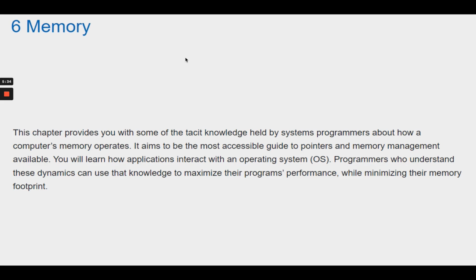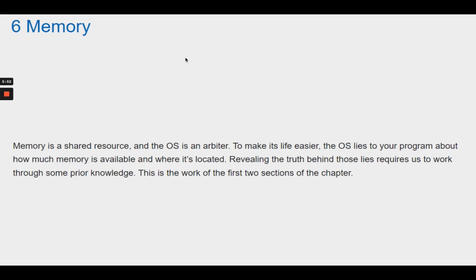It aims to be the most accessible guide to pointers and memory management available. You will learn how applications interact with an operating system, or OS. Programmers who understand these dynamics can use that knowledge to maximize their program's performance while minimizing their memory footprint.